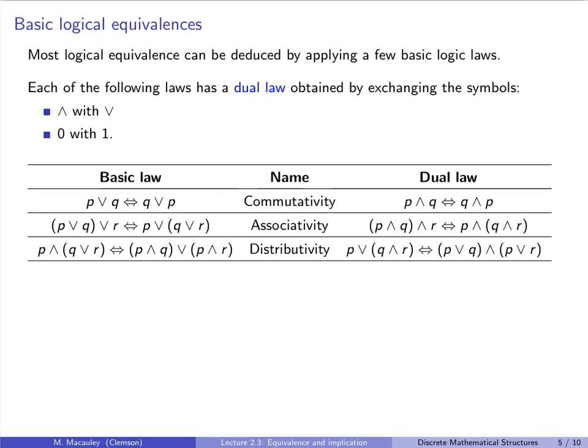Next is the distributive law, which you're probably familiar with from basic arithmetic or algebra, which says that P and (Q or R) is equivalent to (P and Q) or (P and R). Or dually, P or (Q and R) is equivalent to (P or Q) and (P or R).